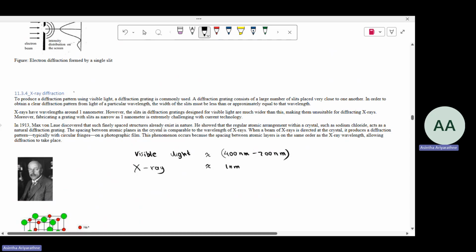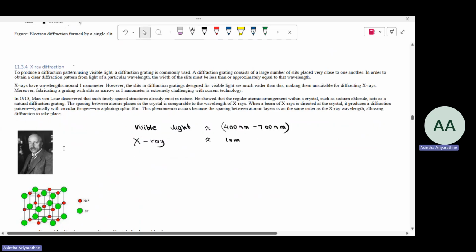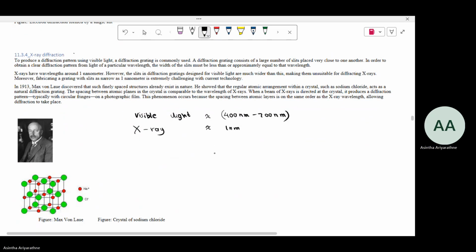To observe diffraction, normally there is a gap and the wavelength of the wave.